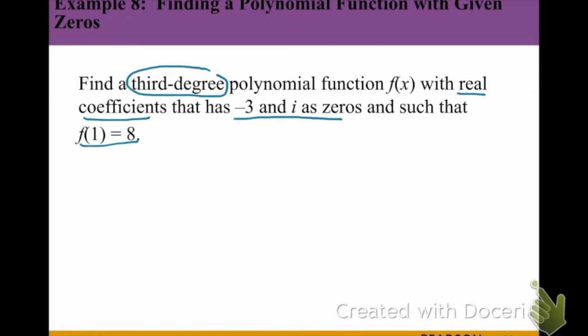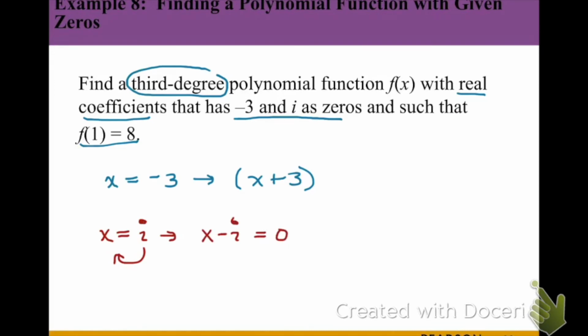So if we have zeros at -3 and i, that means that if x is equal to -3, then our first factor of the polynomial must be x plus 3. Same thing, if we have a zero at i, and we subtract that i, that gives us the factor x minus i as another factor for this polynomial.